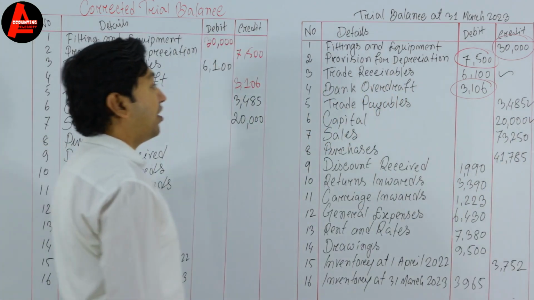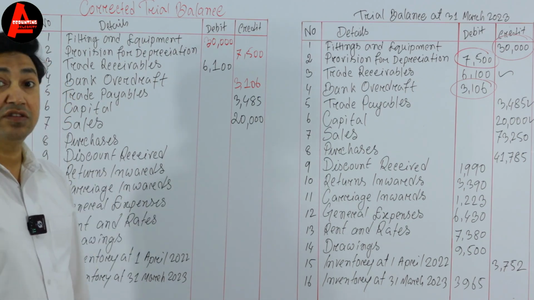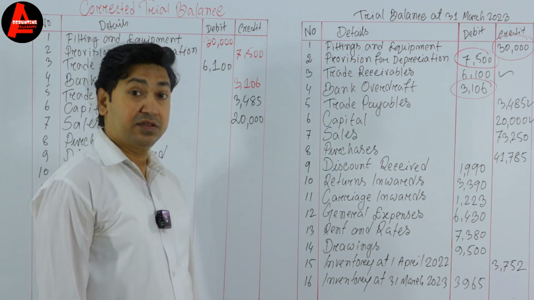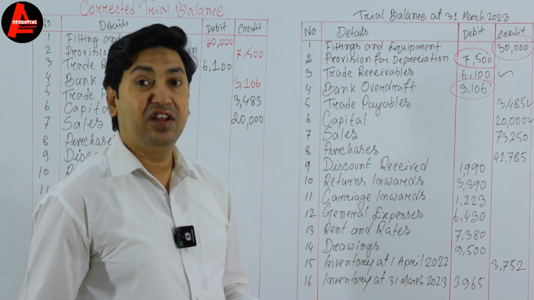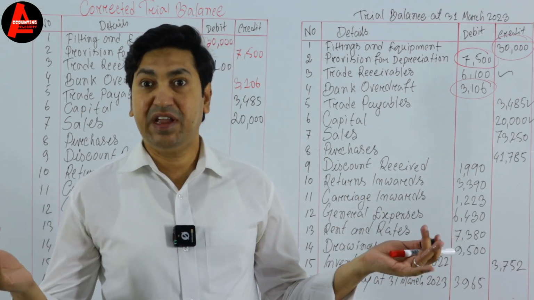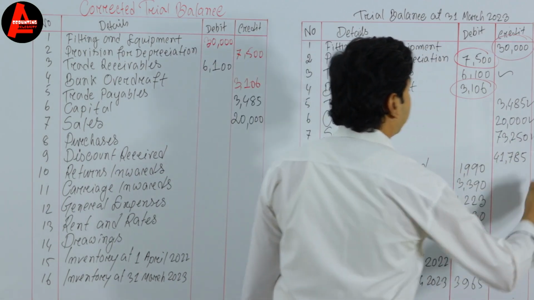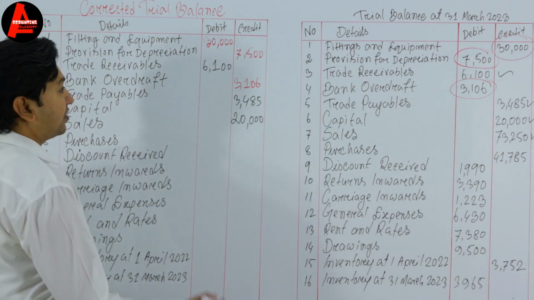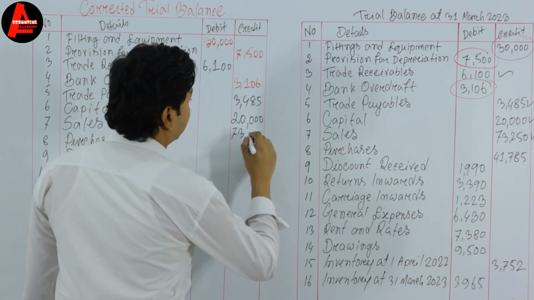Then we have number 7, sales $73,250. What are sales? These are revenue. We know revenue of all types will be credited. So this amount is also correct. $73,250 on the credit column.